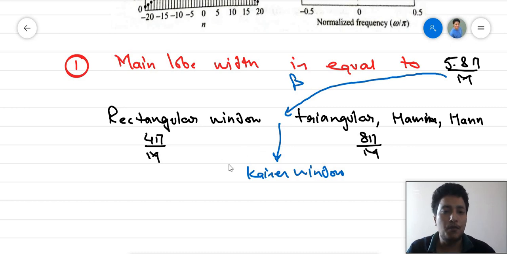So this is a very important property of the Kaiser window. As the value of beta varies, the main lobe width also changes.